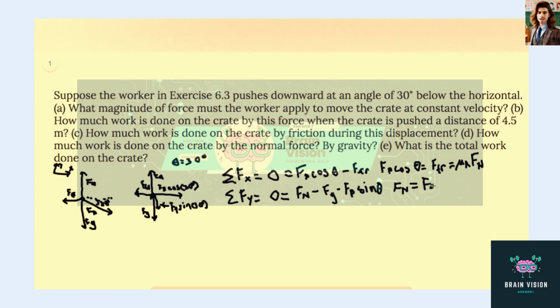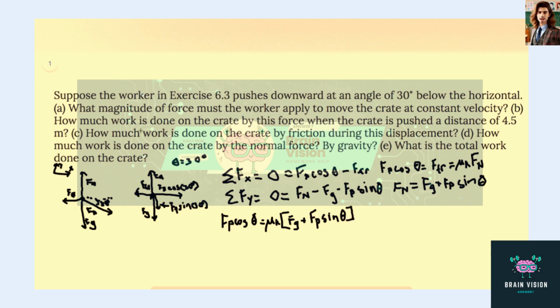So we get Fg plus Fp sine of theta. And then we're going to substitute that into our expression up here. So we have Fp cosine of theta is equal to mu k times Fg plus Fp sine of theta.